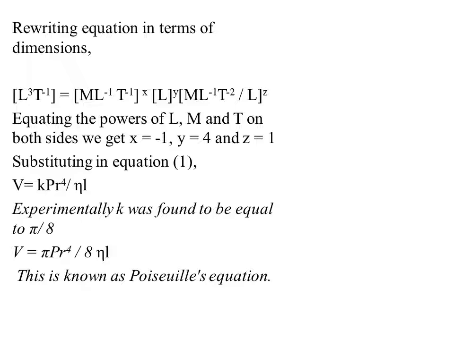When you substitute the values of x, y and z in the previous equation, you will get V equal to K P R to the power 4 by eta L. Experimentally, the proportionality constant K is found to be pi by 8. So V is equal to pi P R to the power 4 by 8 eta L, and this equation is known as Poiseuille's equation.